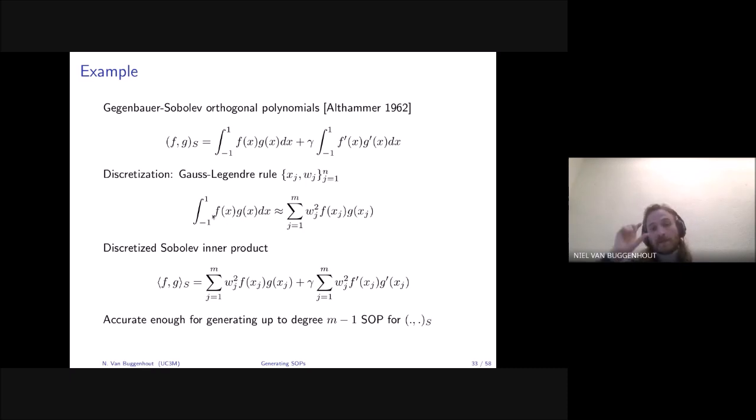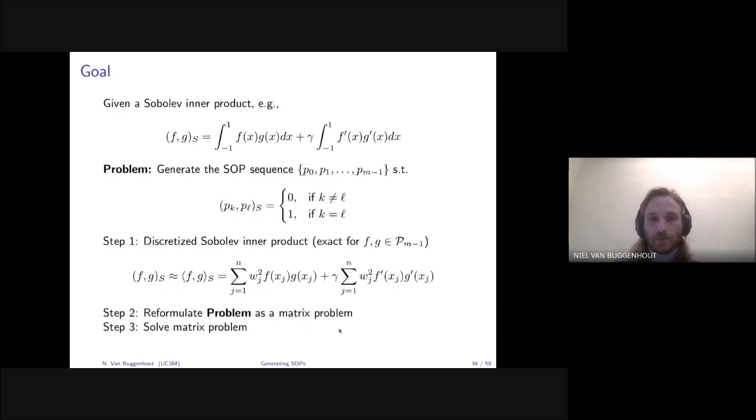Okay, and then we apply this Gauss quadrature rule to both of the integrals that appear in our Sobolev inner product, and then we get this discretized Sobolev inner product that you see on the bottom of the slide. And this will be accurate enough to generate the Sobolev orthogonal polynomials up to degree m minus 1 for the continuous inner product.